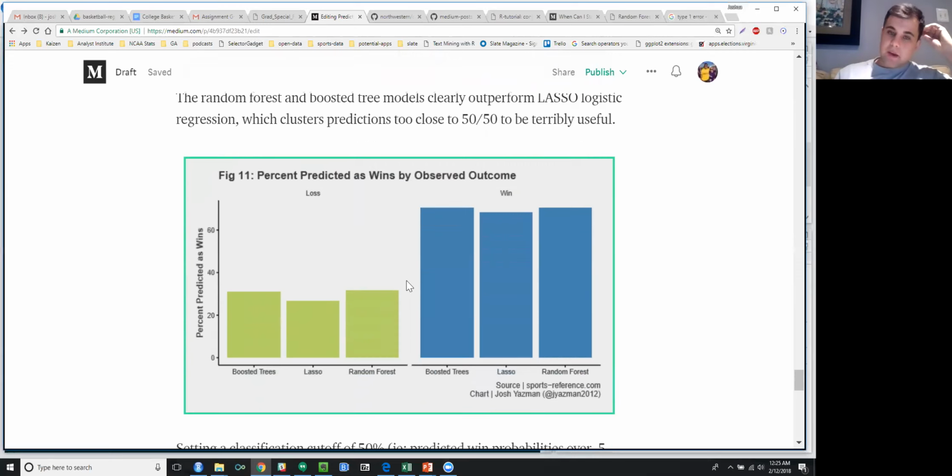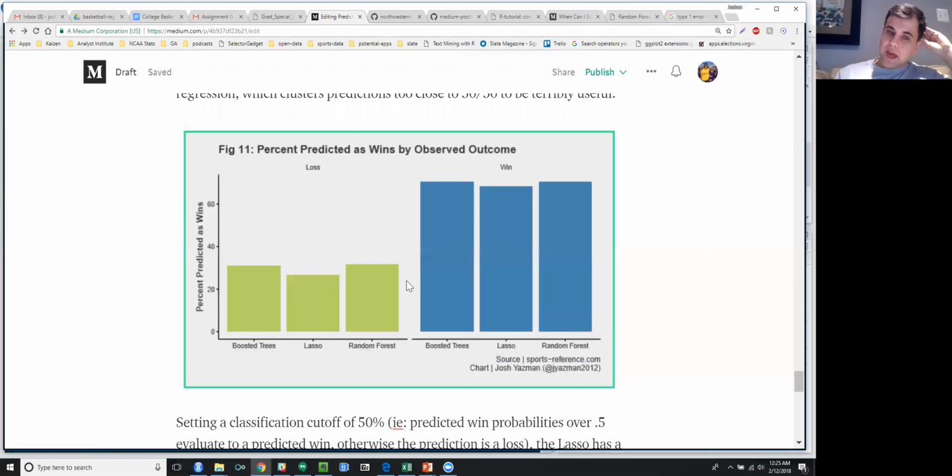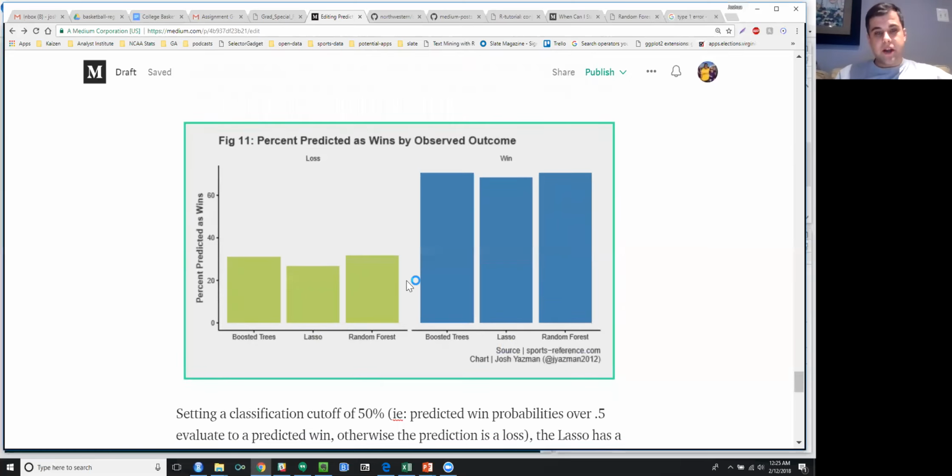The lasso model tends to err on the side of a type 1 error, where we are passing up a true positive. So the prediction is negative, and the outcome is actually positive.